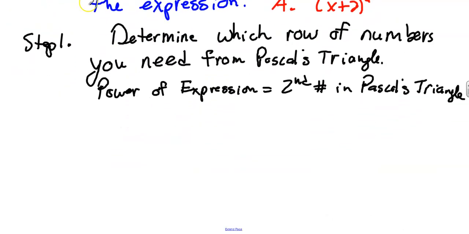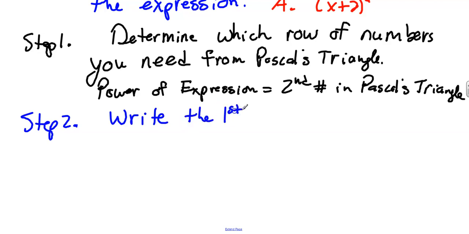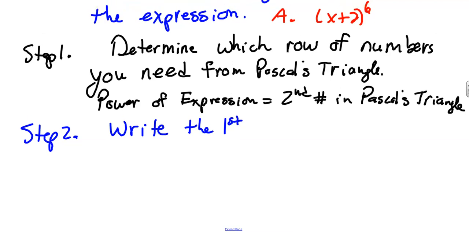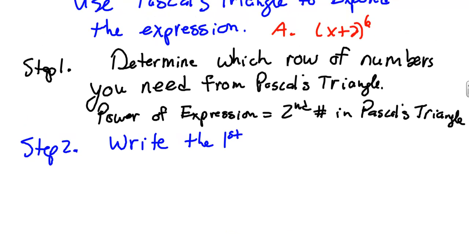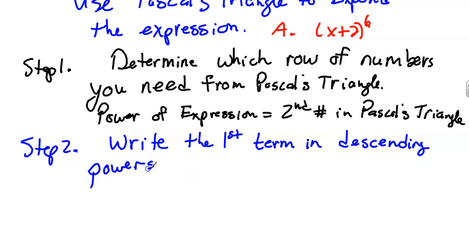Okay, second thing. We've got this expression x plus 2 that we're going to do. Again, that can change. It can be t's or y's or whatever it's going to be. But we're going to write the first term in descending powers, and we're going to put that under the numbers in Pascal's triangle.